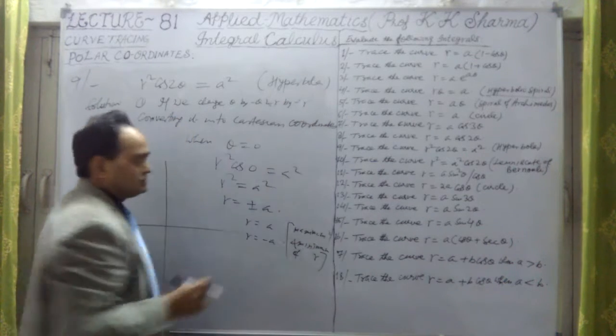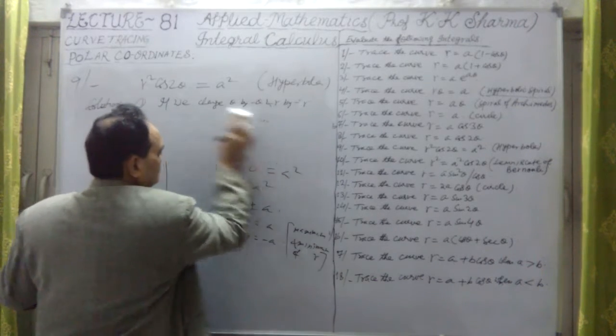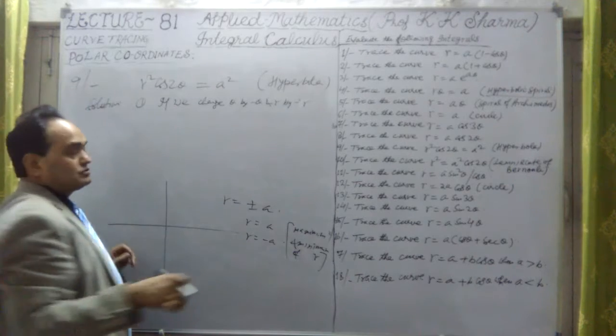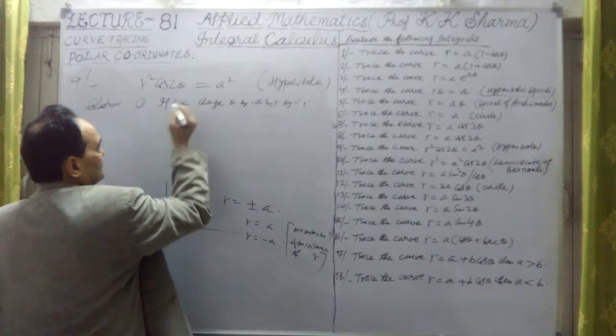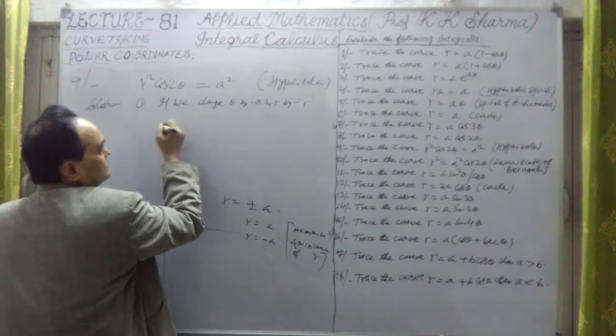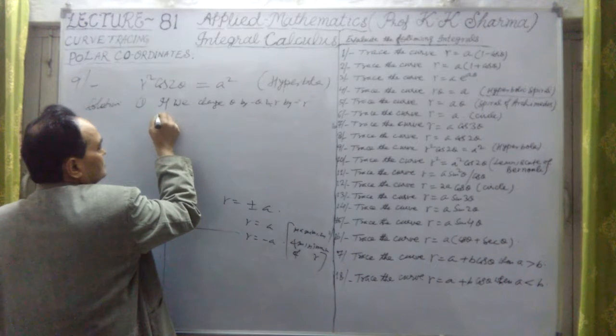The equation remains unchanged. It is the equation of the hyperbola, x square minus y square equal to a square, with a as the maximum value. So the equation does not change.